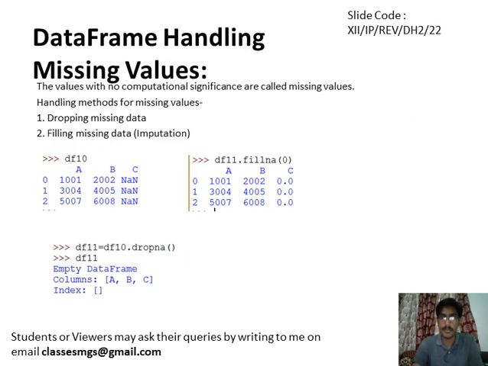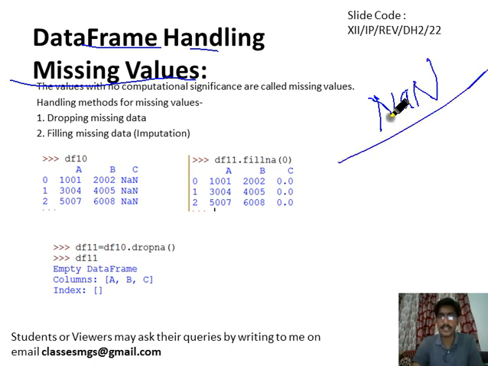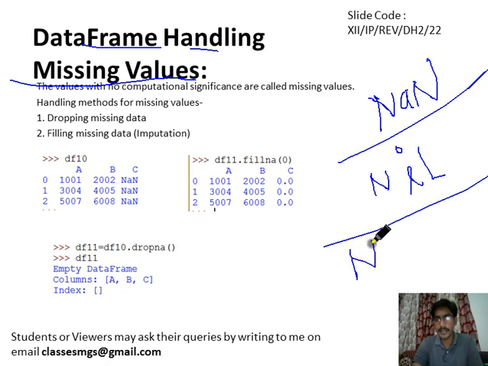Yeah, this will be the last topic of this video: data frame handling of missing values. What are missing values? While entering the data, you may not have entered anything. In Pandas it is denoted by NaN, in Python it is sometimes denoted by None, or in MySQL it is denoted by null. You might have seen those.